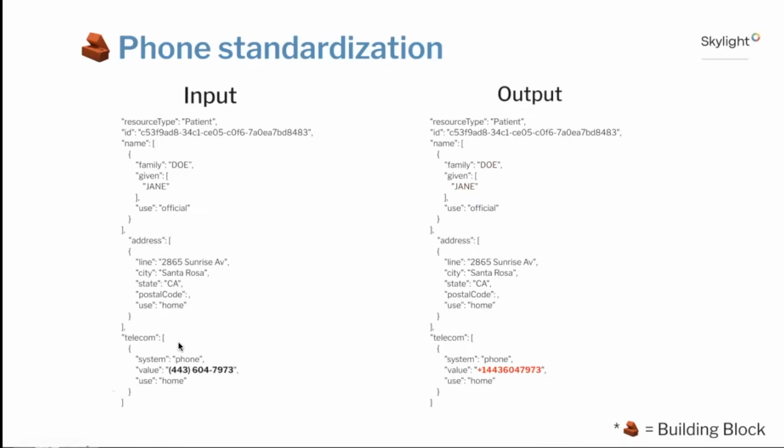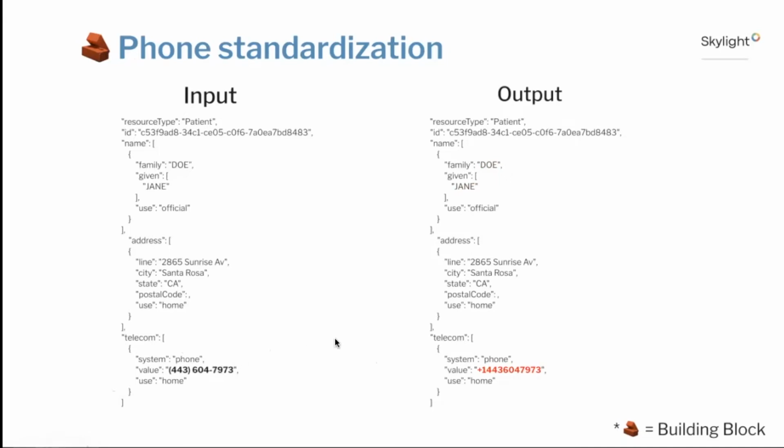So the next step in our process, another one of our standardizations, is standardizing phone number. If you notice on the left, this is a non-standard phone number representation. It's got parentheses, dashes, there's an extra space in it. Additionally, it's not in an international format.